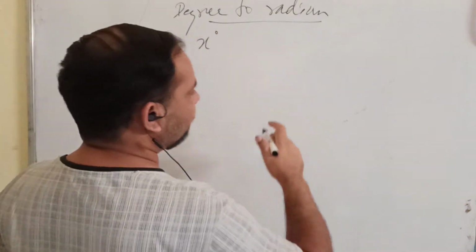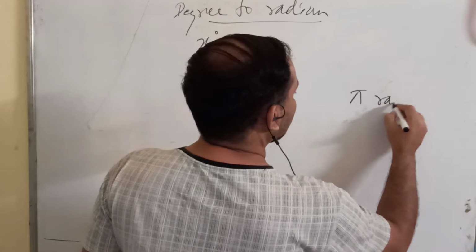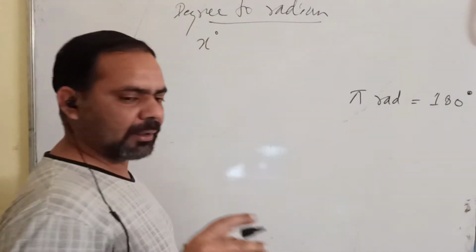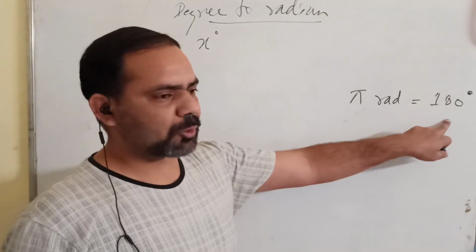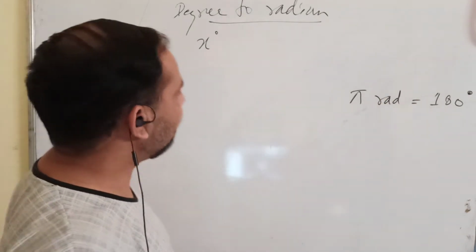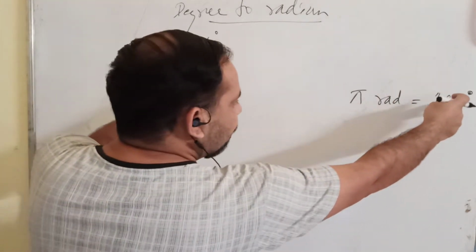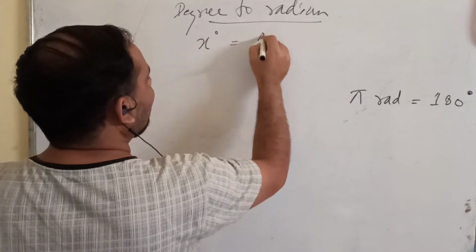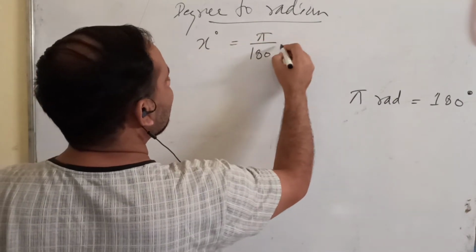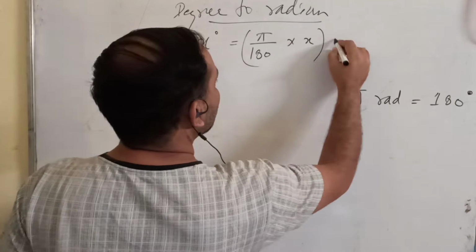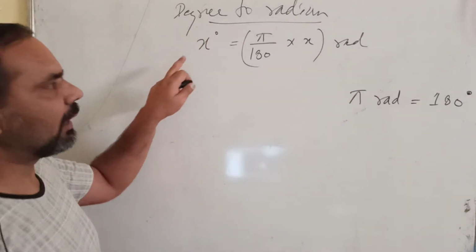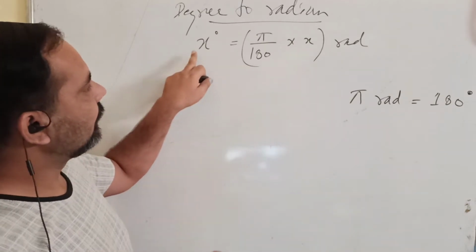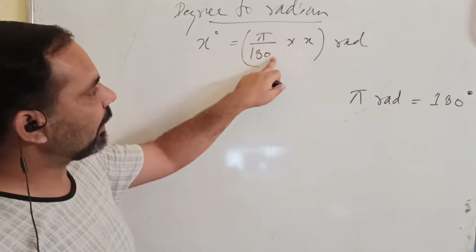For that you just remember a formula that pi radian is equal to 180 degrees. So if you have x degree angle, then 1 degree will be pi upon 180 radian. So x degree will be pi upon 180 into x radian. If you have an angle in degree measure and you want to convert it to radian measure, then simply multiply that angle by pi upon 180.